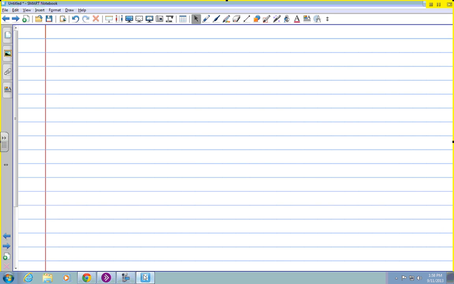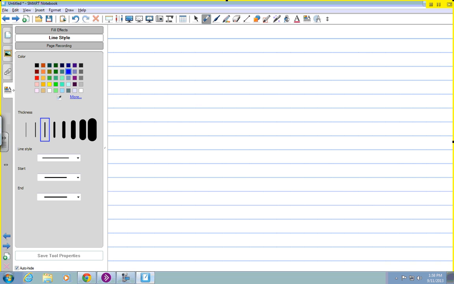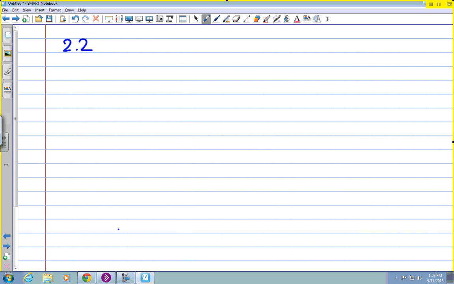Section 2.2. Algebra of functions. So we can add, subtract, multiply, and divide functions.